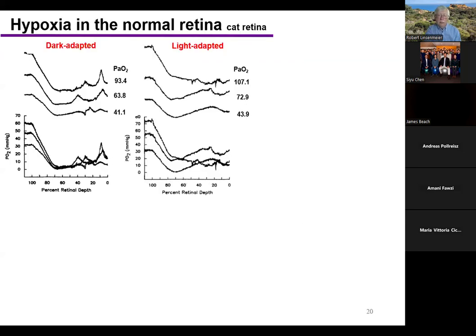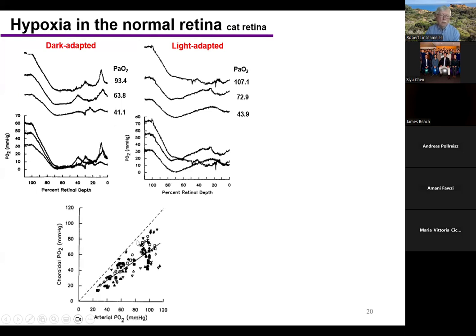I wanted to say just a couple of words about hypoxia. These are profiles in the dark adapted cat retina and the light adapted cat retina. What I want you to pay attention to is that the choroidal PO2 is going down as we add nitrogen to the breathing mixture and lower the arterial PO2.